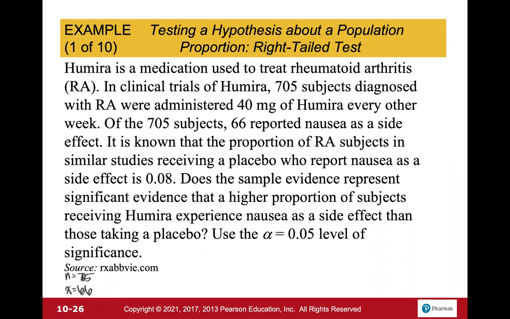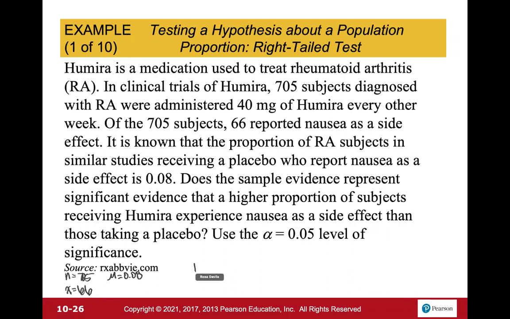It is known that the proportion of RA subjects in similar studies receiving a placebo who reported nausea as a side effect is 0.08. So that means that the proportion is equal to 0.08. Does the sample evidence represent significant evidence that a higher proportion of subjects receiving Humira experience nausea as a side effect?